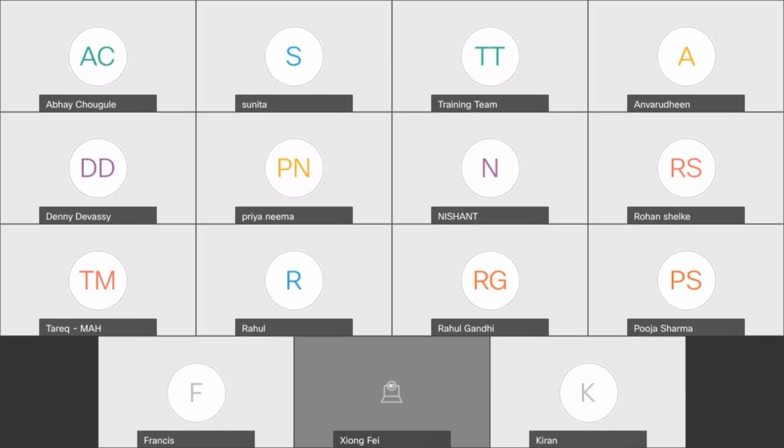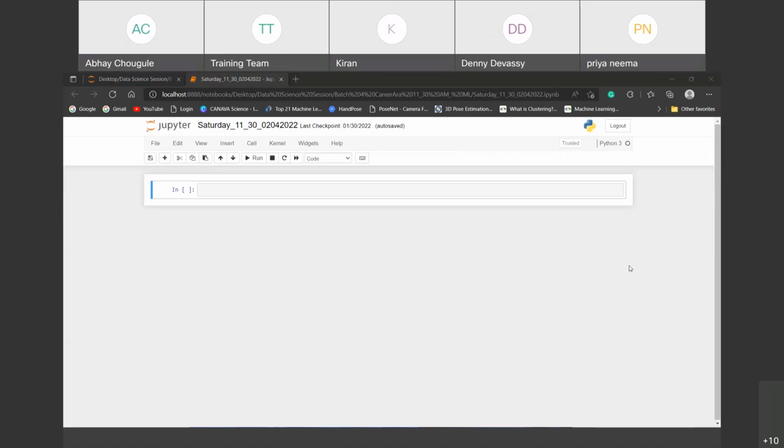Yeah, in Jupyter Notebook only you have to do it. I am getting a question here: why does label encoder work fine sometimes, but inverse doesn't? No, it works easily.